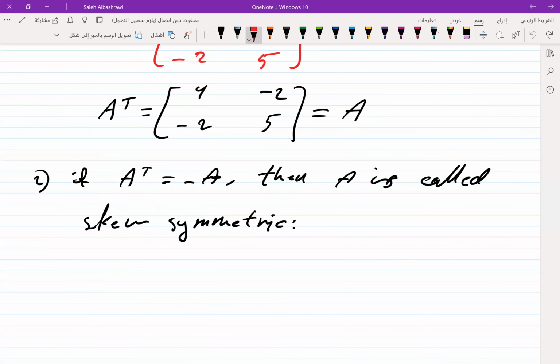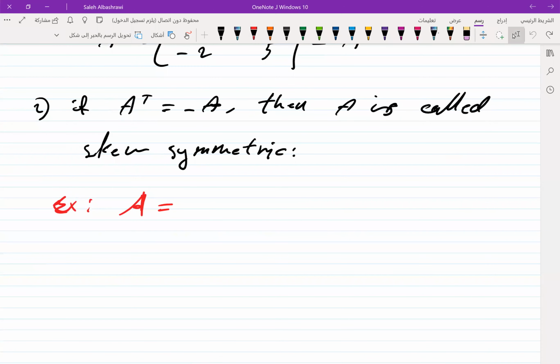For example, A is equal to 0, 1, minus 2, minus 1, 0, and 3, 2, minus 3, and 0.